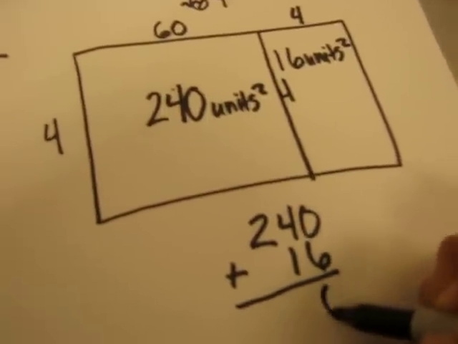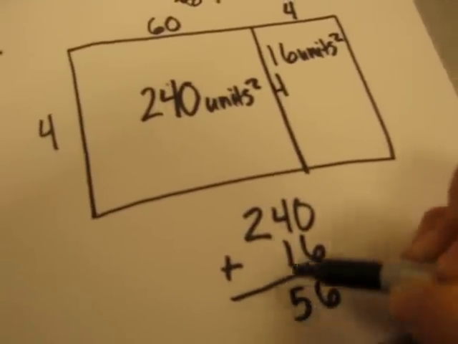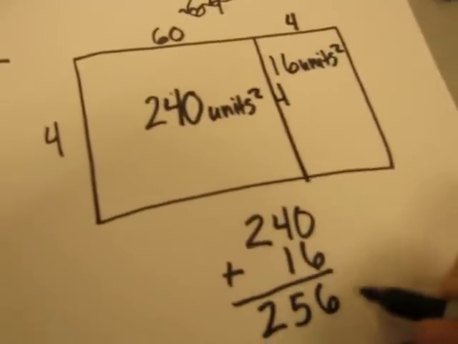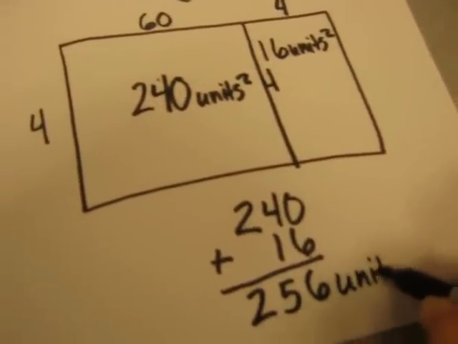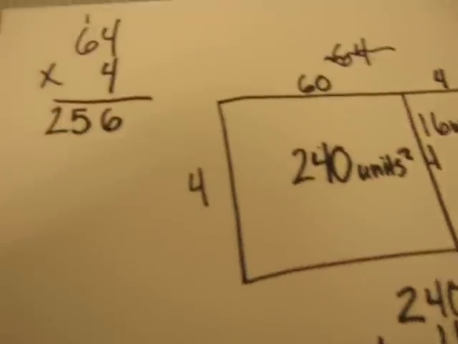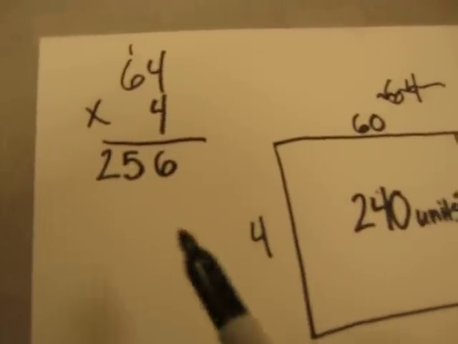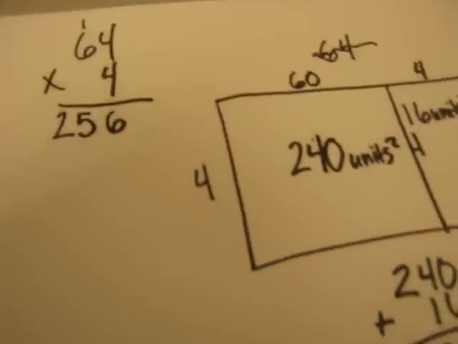Do what you know to do to solve. And then my entire area is 256 units squared. Now I can look back and compare it to the work I did earlier and see that my strategy is right, because I can verify it by solving it a different way.